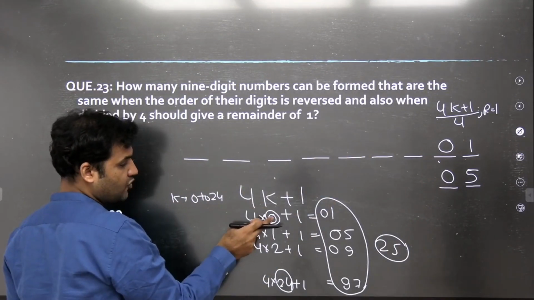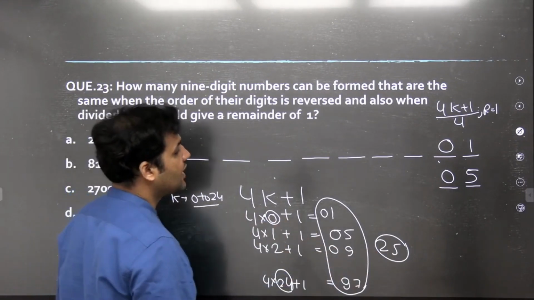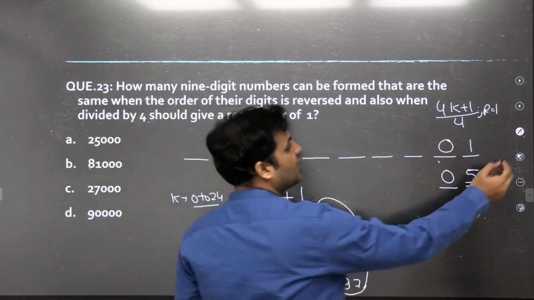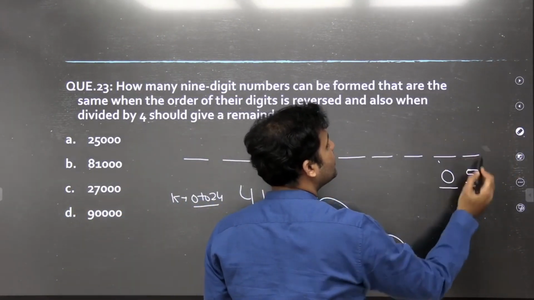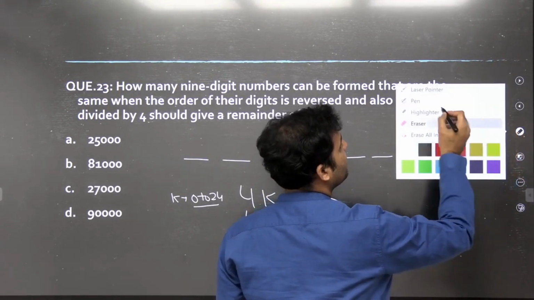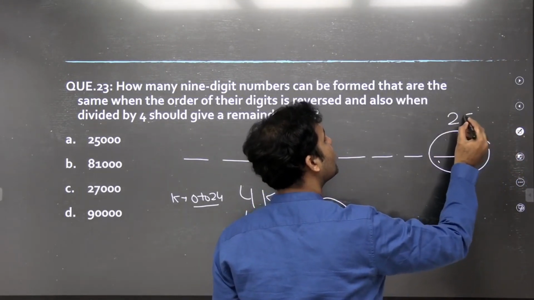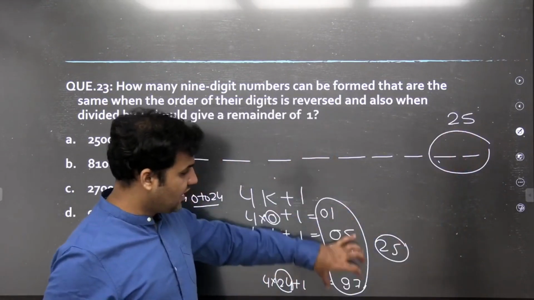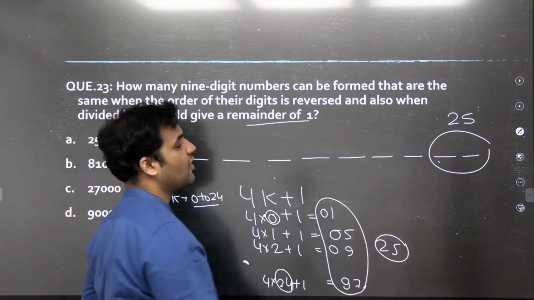So the last two digits can be filled in only 25 ways, because there are 25 two-digit numbers possible which satisfy this condition.